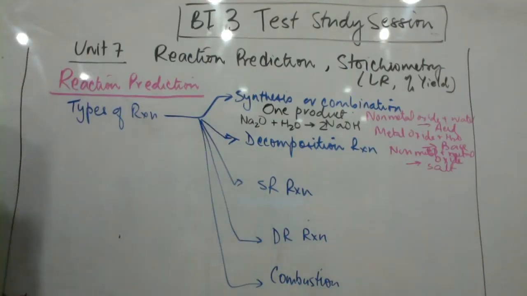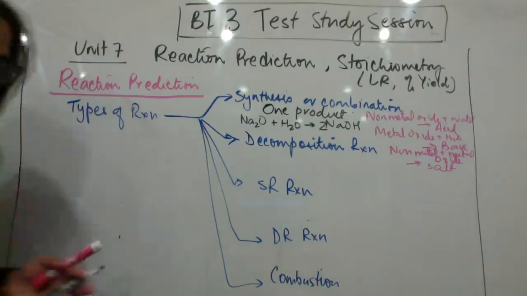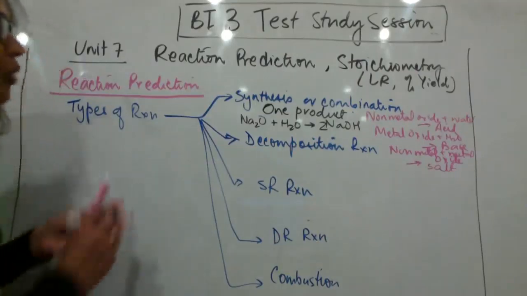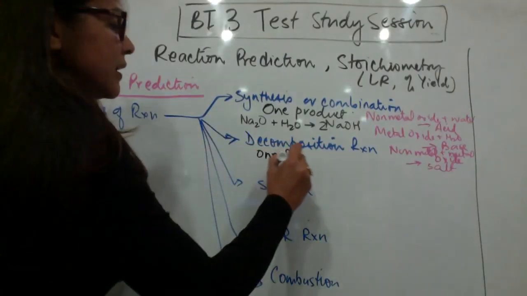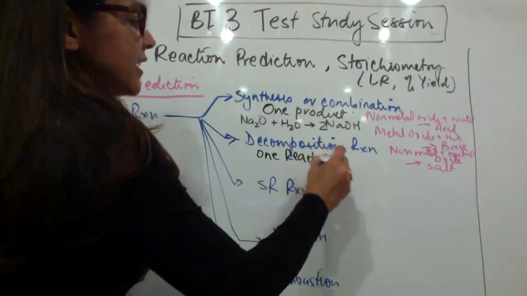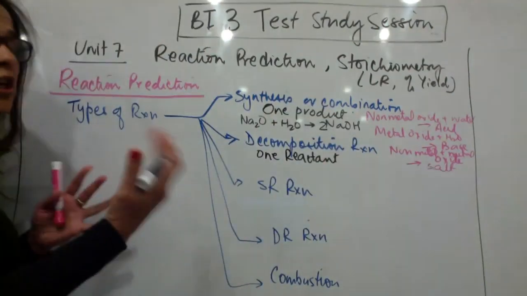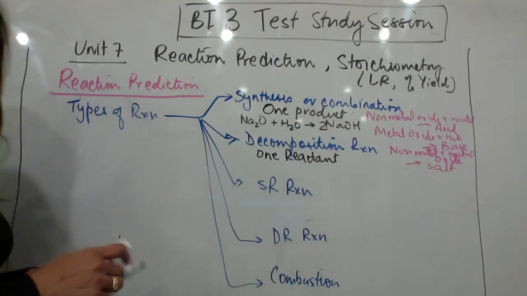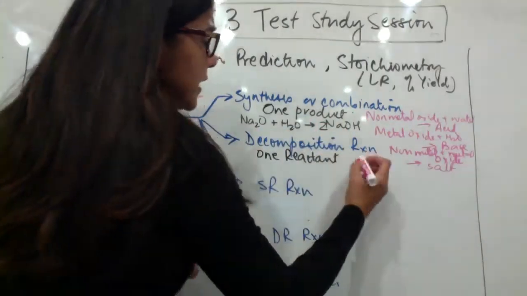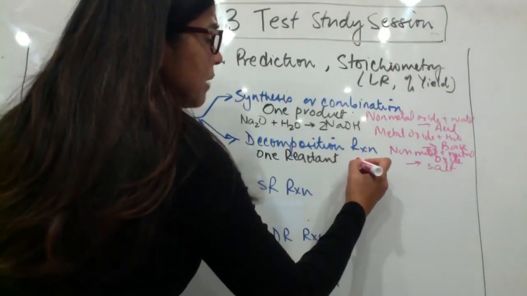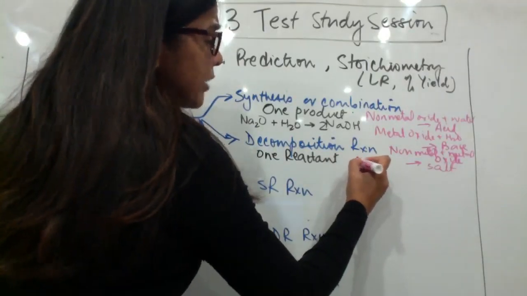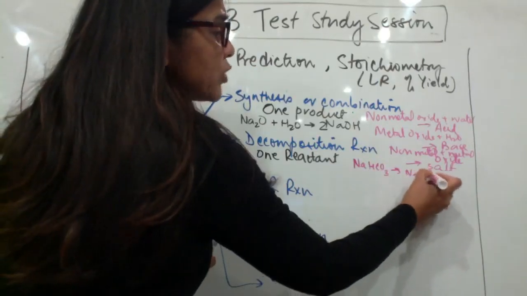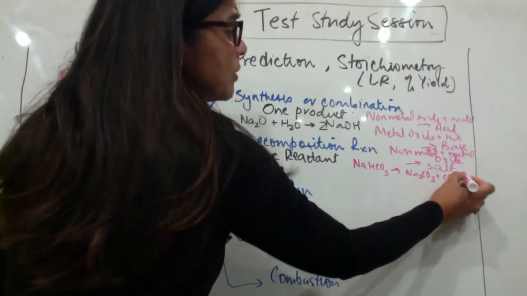Decomposition reaction is where you start with one reactant and then it can form 2 or 3 or more products. And decomposition reactions, now what products to form? You got to again remember, if it is like bicarbonate, like NaHCO3, then it dissociates to form Na2CO3 plus CO2 plus H2O.